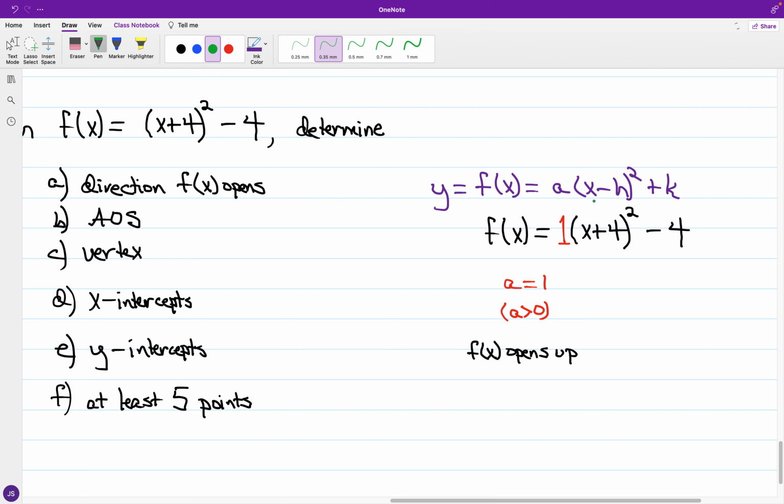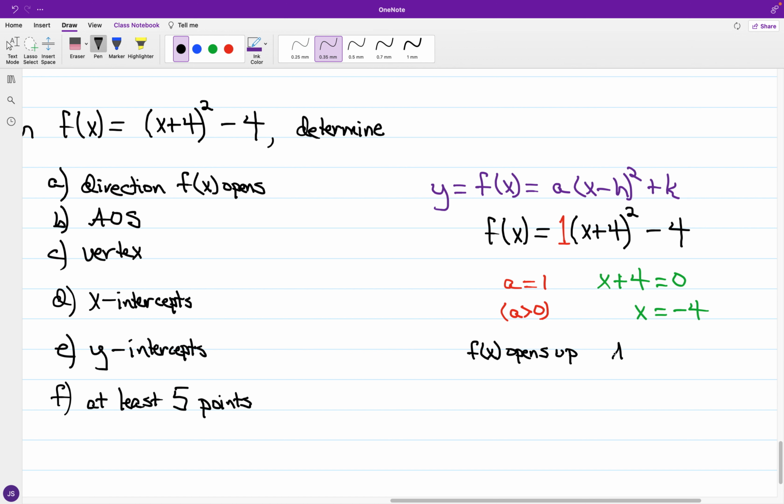Okay. And for h and k, the h value will be the 0 of our x expression. That expression is the binomial x plus 4. If x plus 4 is equal to 0, then x is equal to negative 4.